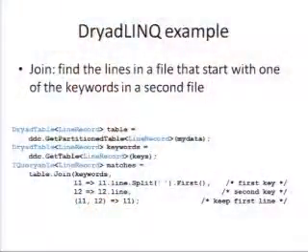So what DryadLINQ does is it takes these LINQ expressions and produces effectively the dataflow graph that Dryad can then go and do its thing with. And I'll show you an example just to clarify that. So this is a very simple join, and if you've looked at any of the DryadLINQ papers, you've probably seen it already.